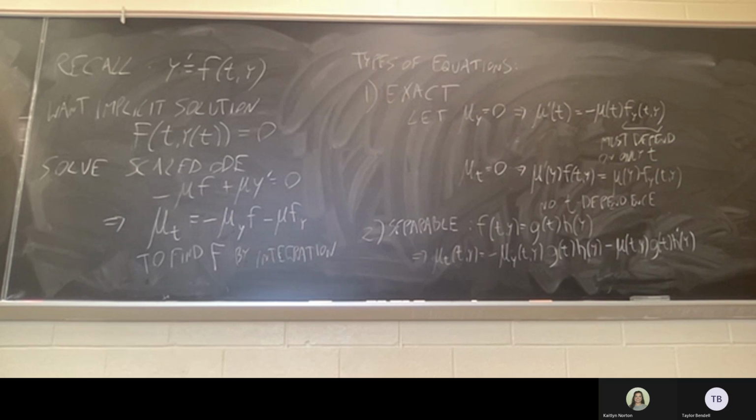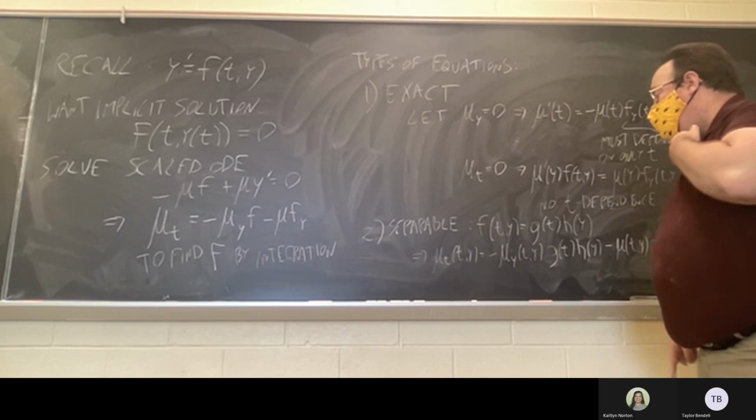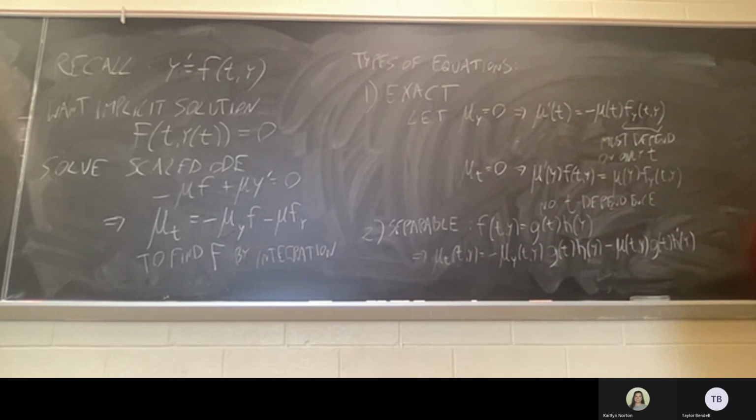But simplifying assumptions would be like, what if you decide that mu is going to depend only on t? So in that case, mu y would be 0, and this term would go away. Or mu depends only on y, so that term goes away. So then we just have mu prime minus mu prime of y over there.